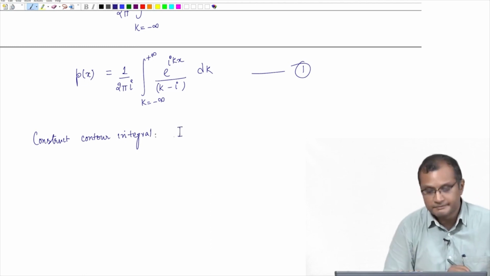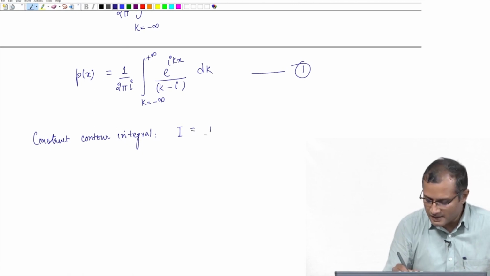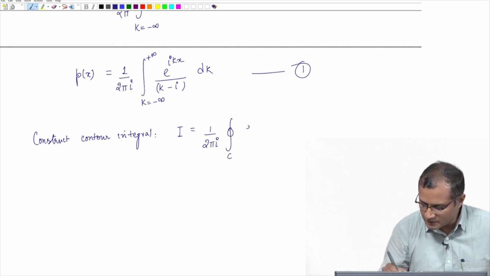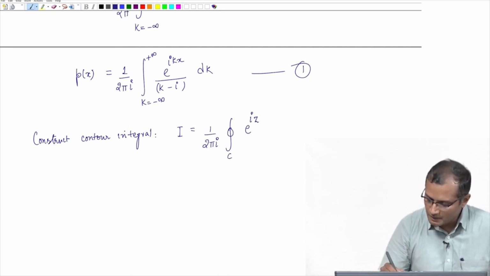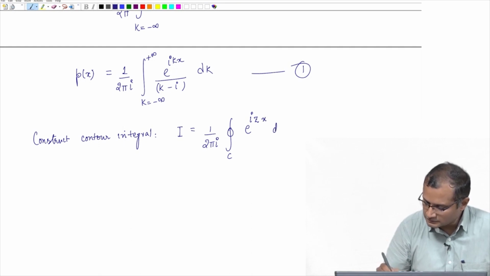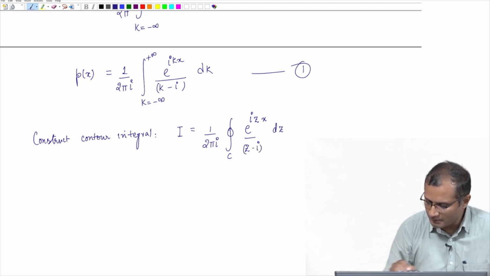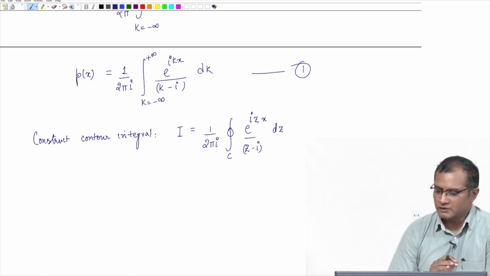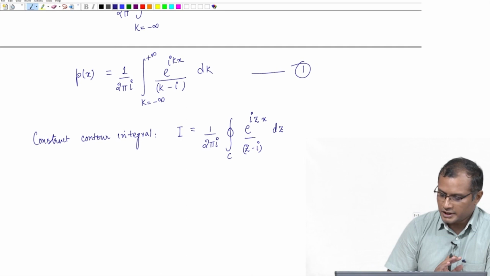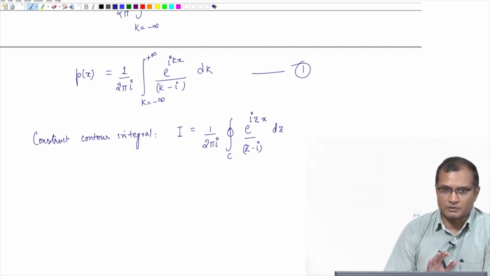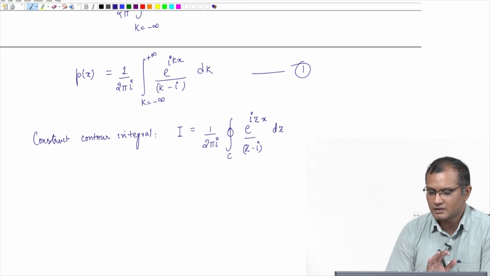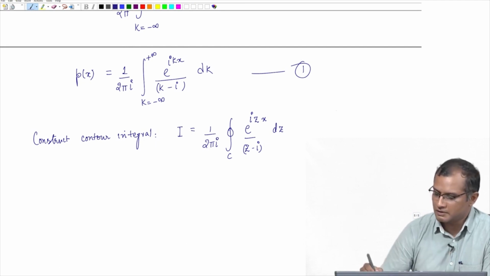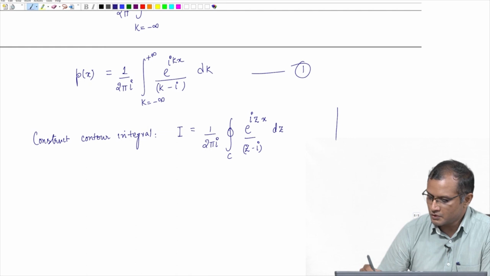I will call it I, and I define this I as 1 upon 2 pi I, contour integral of e to the power I z x dz over z minus I. Okay. Now, as per the rituals of complex variables, if you have written a contour integral, it makes absolutely no sense if you do not define the contour. So, immediately after writing down the integral, you must show your contour.